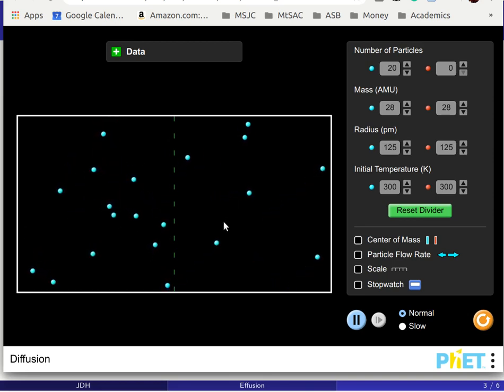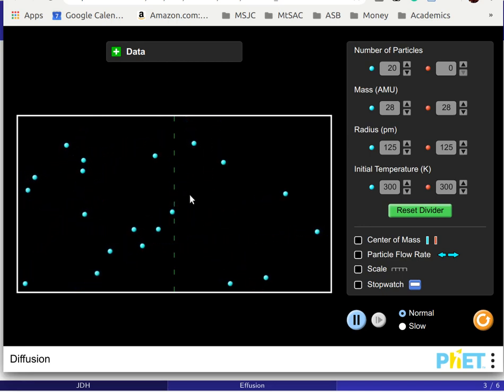Remember, we talked early in the class that the gas phase is characterized by the tendency of a substance to expand to fill the entire volume of the container in which it's found. We can see that during the course of me saying that, we now have a roughly equal distribution of these particles on both sides of the container.